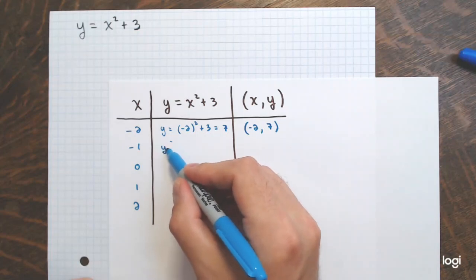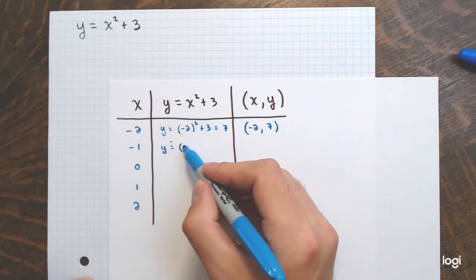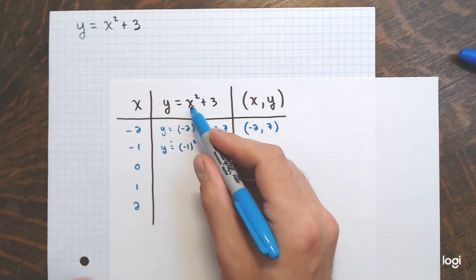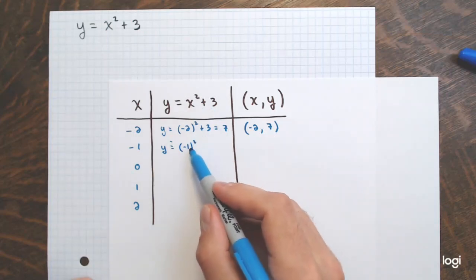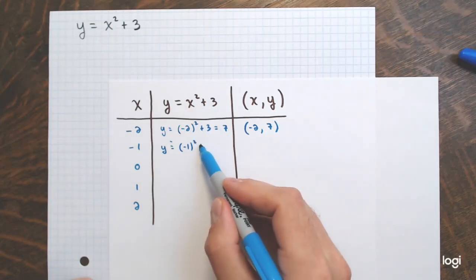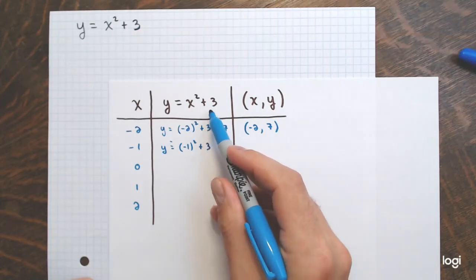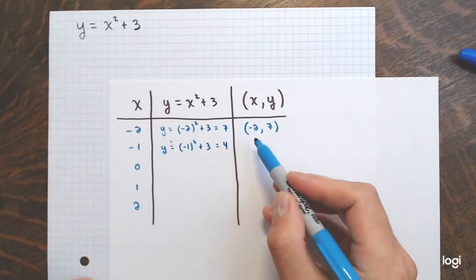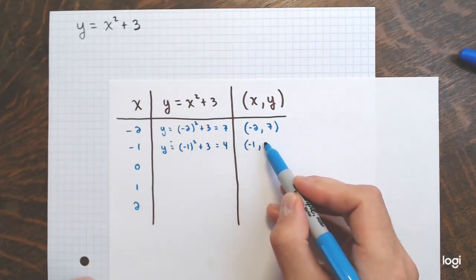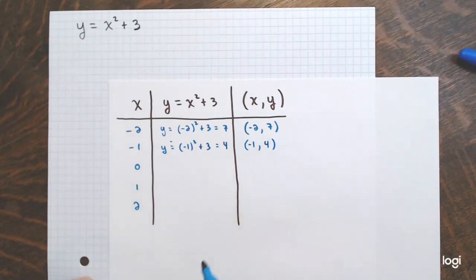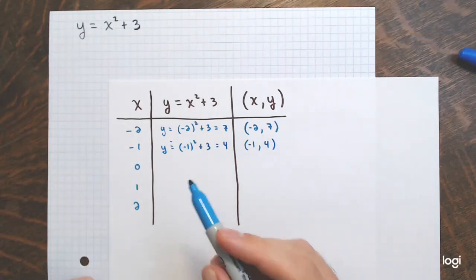The next one, y equals, and then again replacing x with -1. So instead of x squared, I have (-1) squared, which means -1 times -1, which would be +1, and then the plus 3 makes this +4. So I've got -1, +4 for the ordered pair, that solution that I'm going to plot.